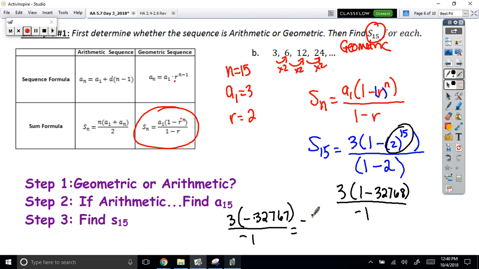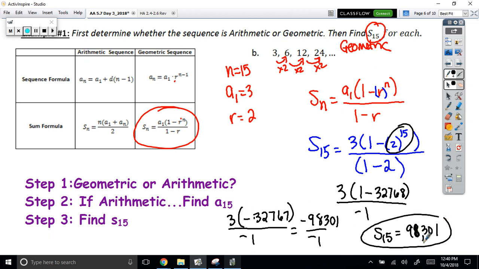And I get negative 98,301 over negative 1. And our negatives cancel out. So 98,301. Your geometric sums will usually be much bigger than the arithmetic, because think about how the numbers get drastically larger when you multiply. So then the further out you get, the bigger those numbers are, and then they're all getting added together at the end.